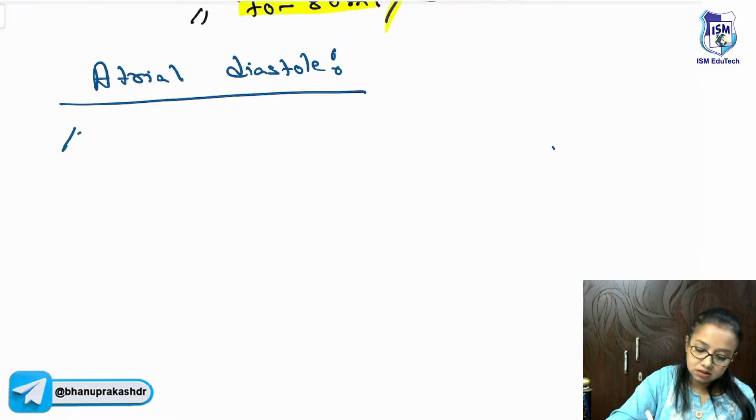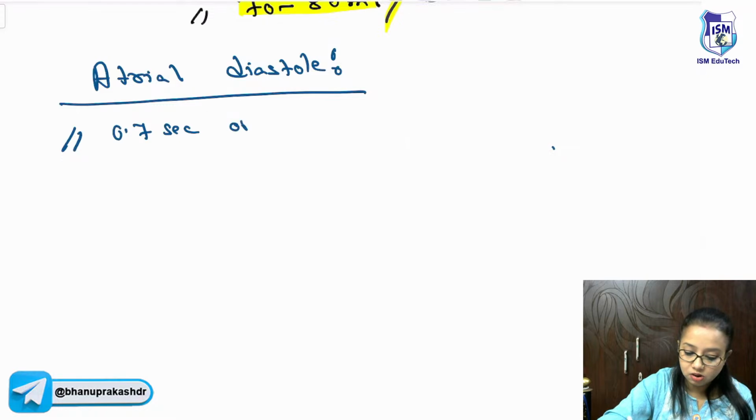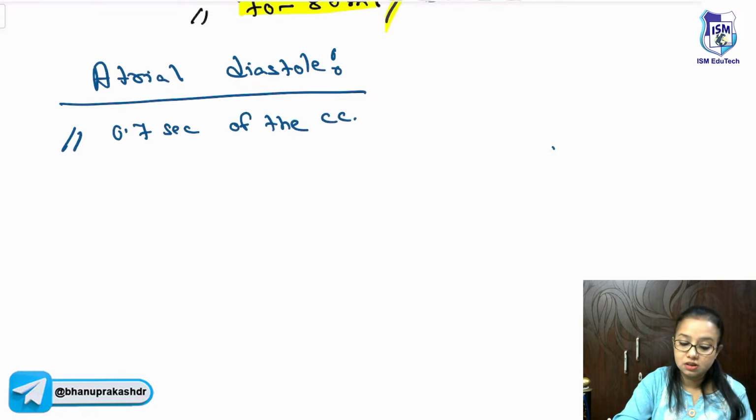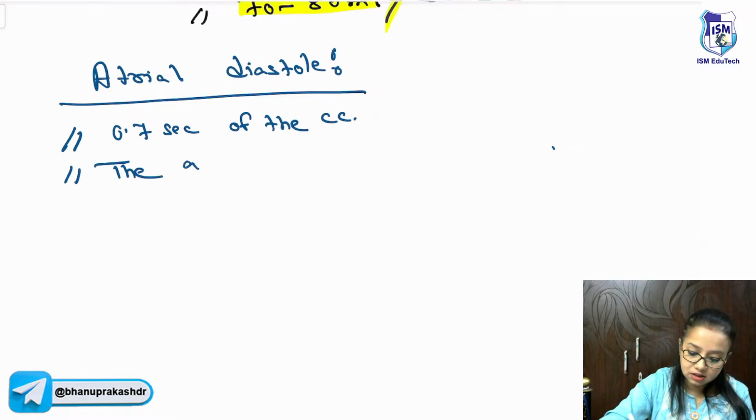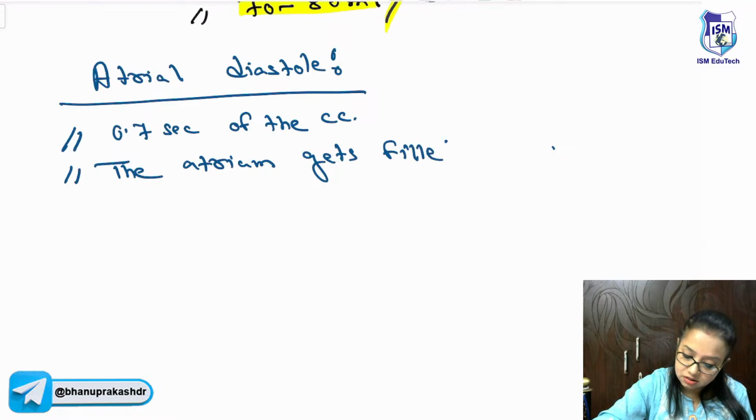So 0.7 seconds of the cardiac cycle. So what happens in the atrial diastole? The only event that happens in the atrial diastole is the atrium gets filled with blood.